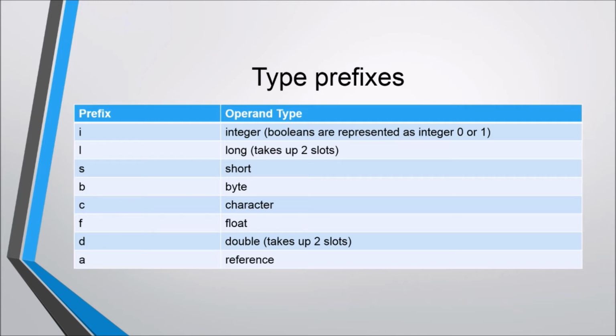The long and double take up 2 slots. What I mean is, in the stack and in the local variable table, a long value will take up 2 positions. So if you had stored a long in position 4, then it will take up 2 of those positions instead of just taking up 4. And similarly, you've also got a reference, which is A, and that'll just store a reference to a class or a field or whatever the value is.